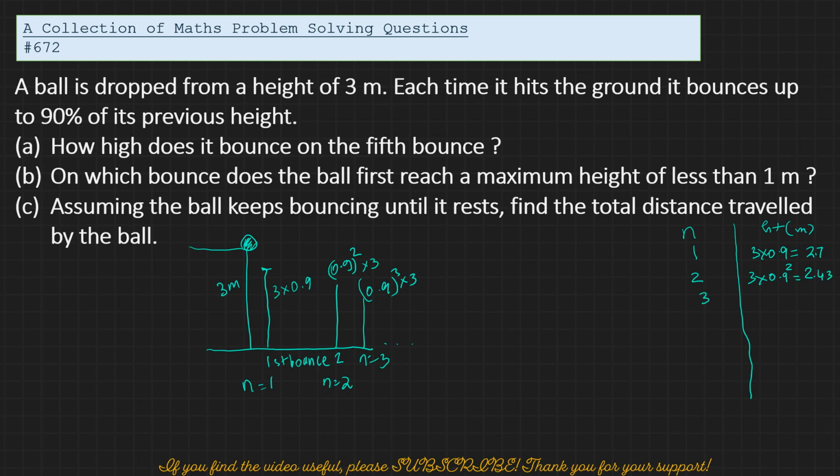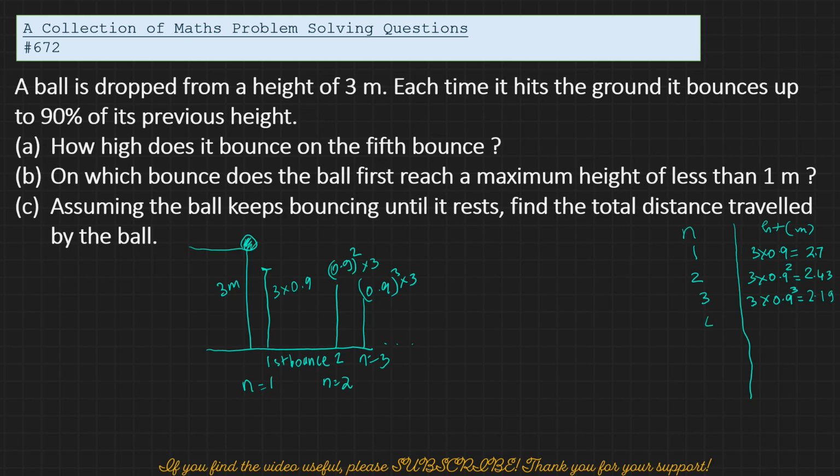And if you have 3, then it would be 3 times 0.9 cubed, and that is 2.187, or we can say 2.2. Anyway, I will say 2.19.